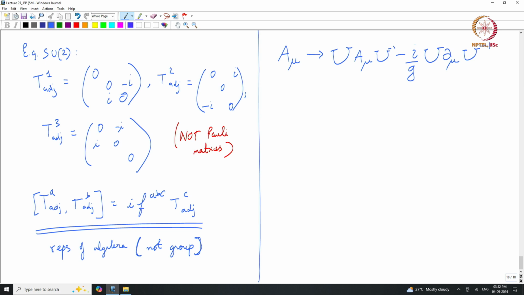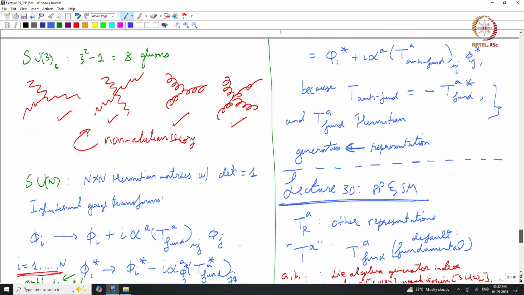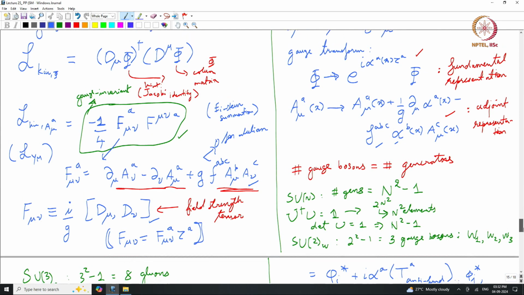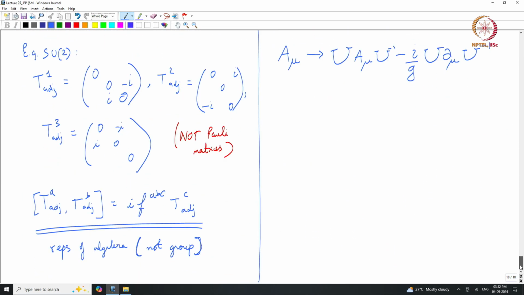If you take the infinitesimal limit of this, that's what we get as transformations like this over here. So this is the infinitesimal transformation, but literally in an adjoint representation. The consequence of having this structure is that fields would transform like this.